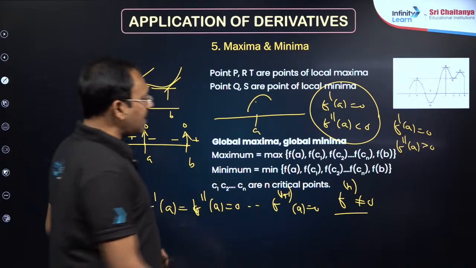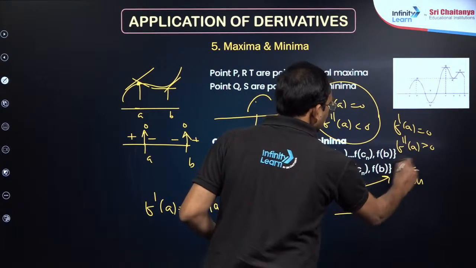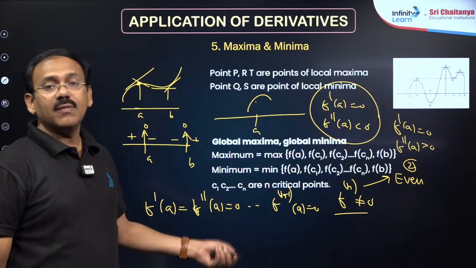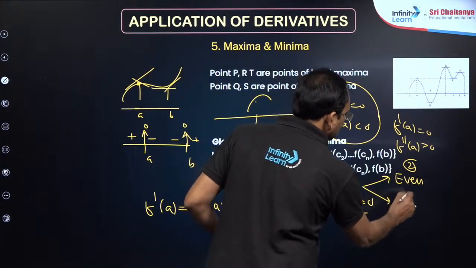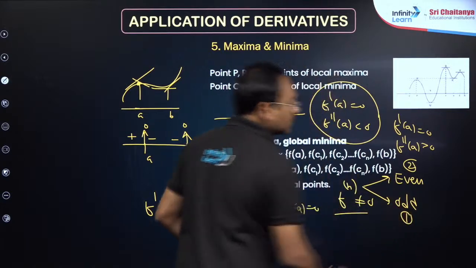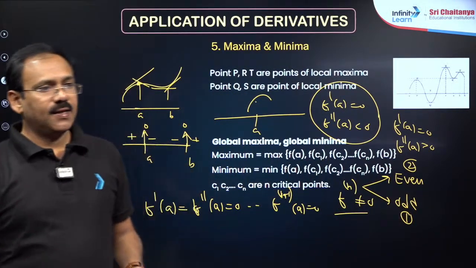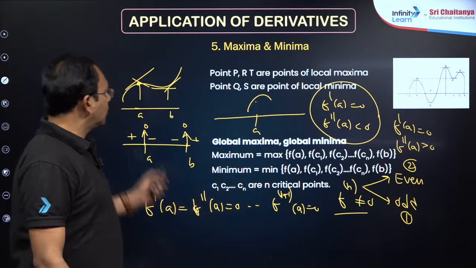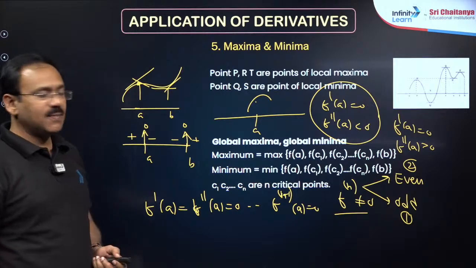If this n is even, treat it like 2 and give the conclusion: second derivative positive, local minima; negative, local maxima. If n is odd, treat it like 1 and give the conclusion. That means if positive, you can say increasing, negative, decreasing. So these two ideas will help us in doing the problems related to maxima, minima.